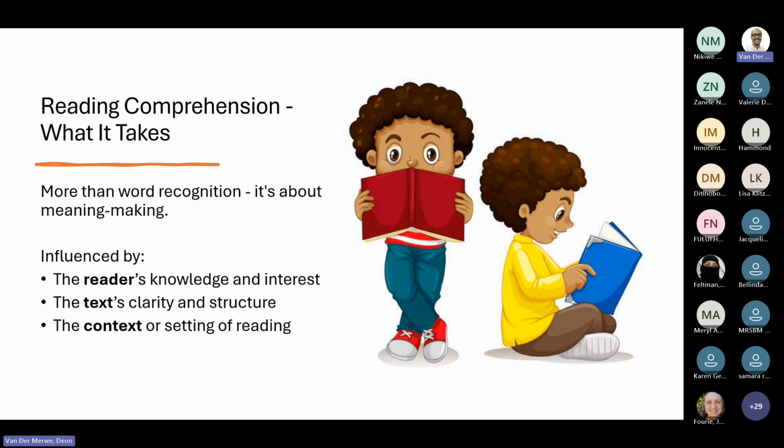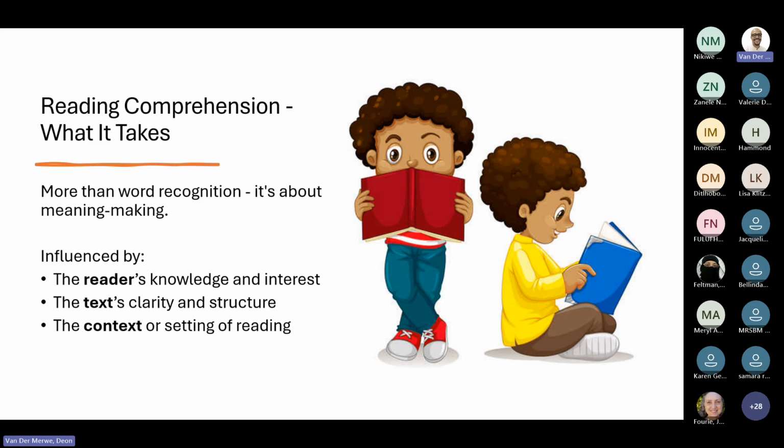And then also context plays a very important role in good comprehension, where and why the reading is happening. So, for example, an assessment situation can make a learner quite anxious, and that in itself can affect their understanding of the text that is in front of them.